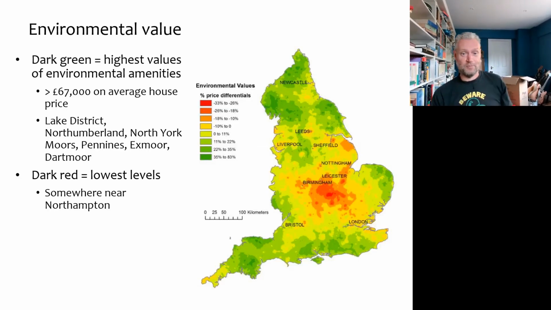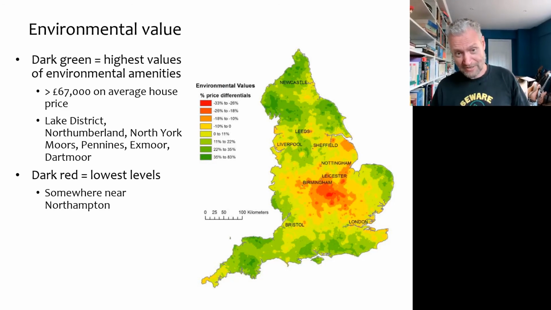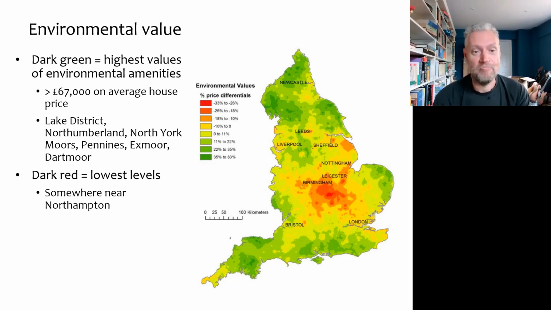And then you can put all these environmental characteristics together, and then you get a map like this. The way to read this is that the dark green areas are the areas where the housing market thinks that the natural environment is best.